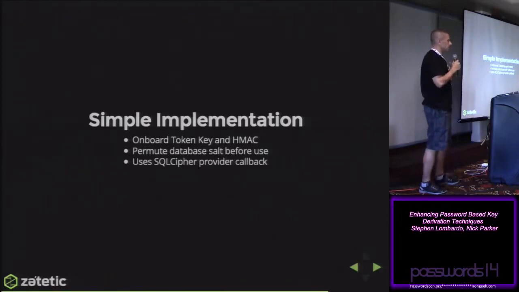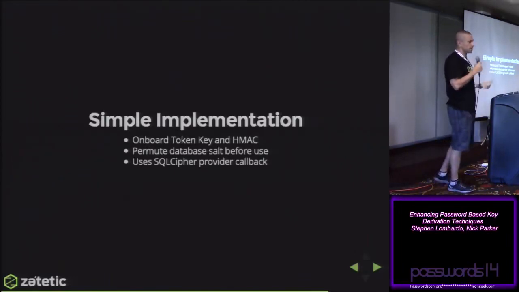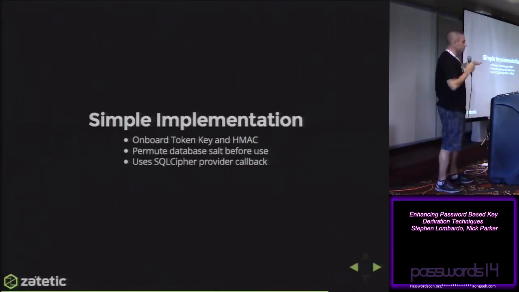So if you think back to the approach that we had before, where the salt is sitting there, public data in the database header, we're actually going to take that salt and, using a provider callback in SQLCipher, we're going to send the salt into the token, say, HMAC this with the secret key that's on the token that we can't get to, and take that data out and pass that into the key derivation function.